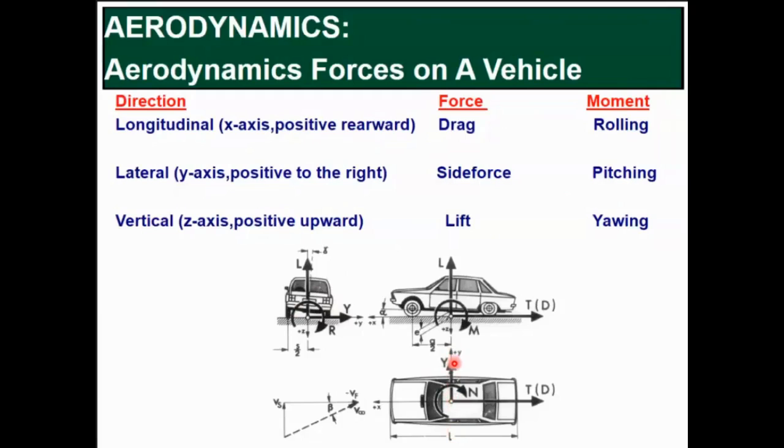And then of course kalau ada side force, dia ada pitching lah, moment dia. And then vertical, we treat as positive. Kita bagi dia lift. Force nama dia lift. And then kalau moment tu, dia ada moment yawing lah.